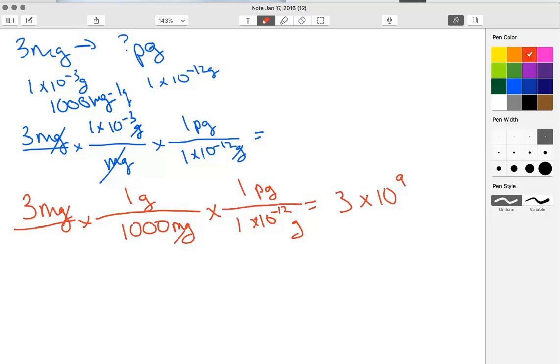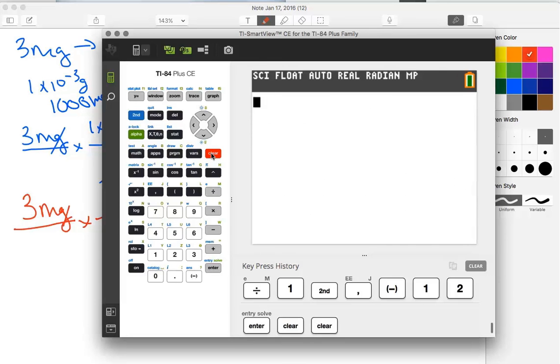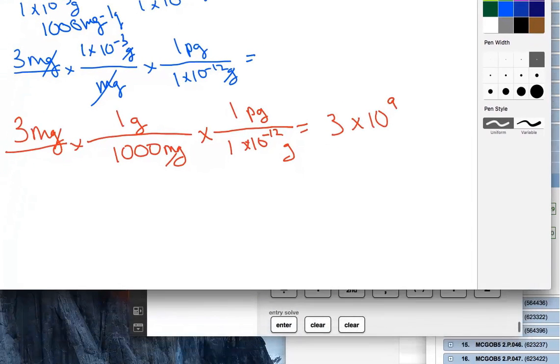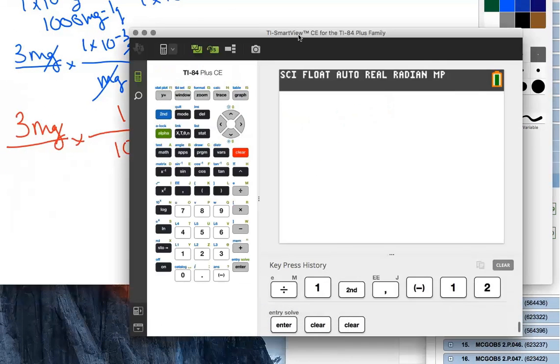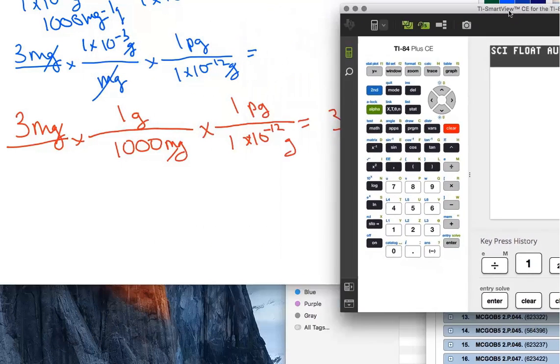So how would we do this in our calculator? Let's go back to our calculator. We'll clear this, and we'll just do right what it says. I'll see if I can get both of these on the screen at the same time. That might be nice for you, but I don't know if that's going to happen. So we'll do our best.